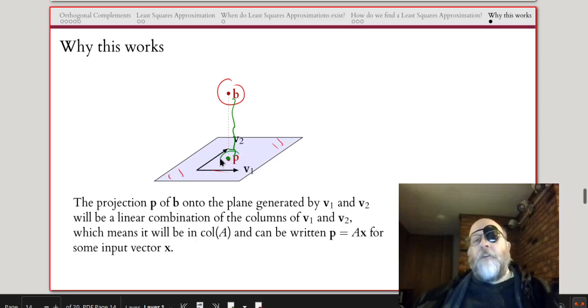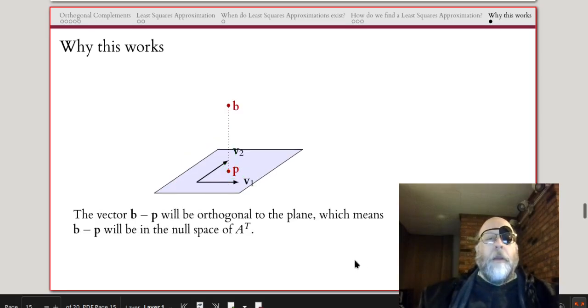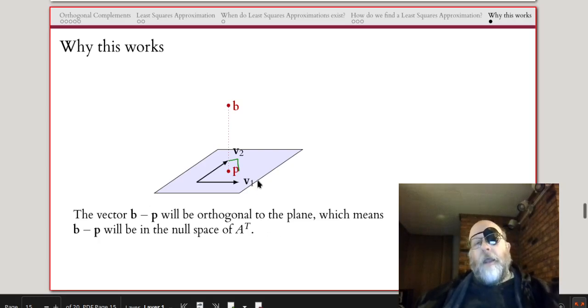So this vector p, because it is in the plane, it will equal Ax for some input vector x. And the difference between b and p is going to be orthogonal to the plane, which means it's going to be in the null space of A transpose.